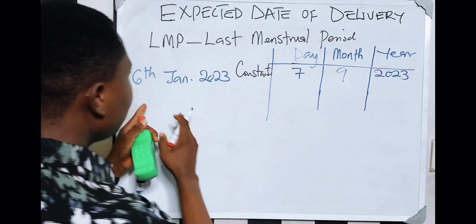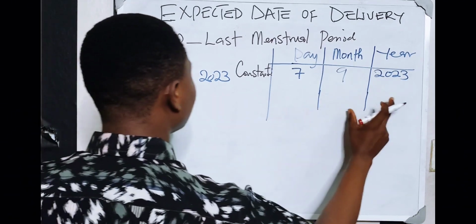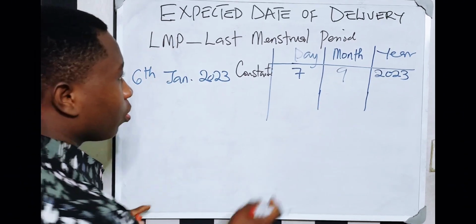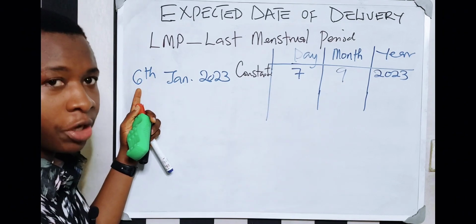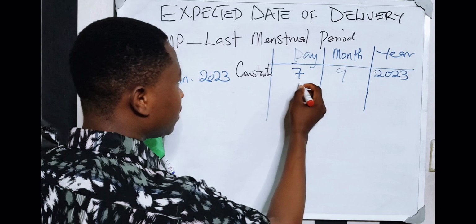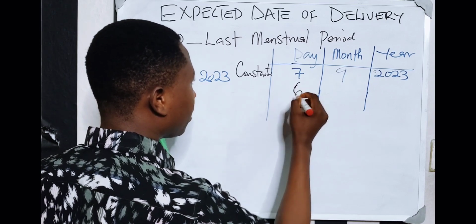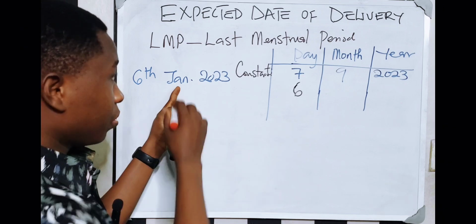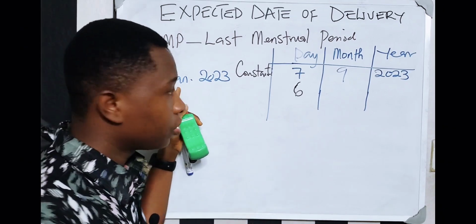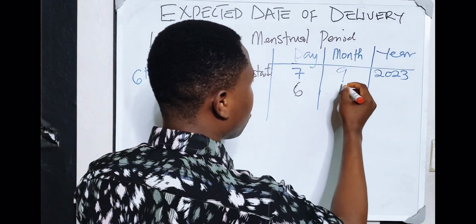Now, inputting this date into this table. Let's take the day. The day is 6th of January. Okay, so you are going to input 6th of January here. The month is January, and January is the first month. So number 1.